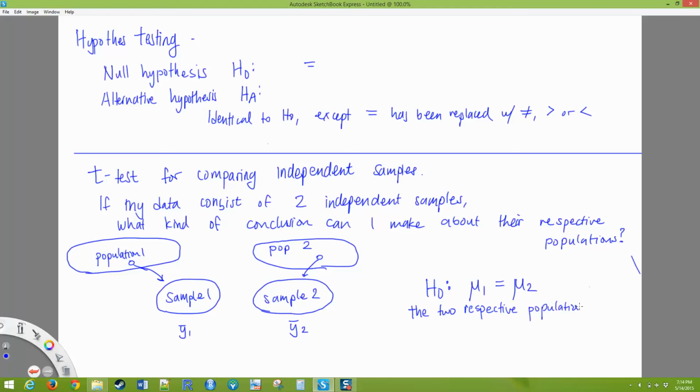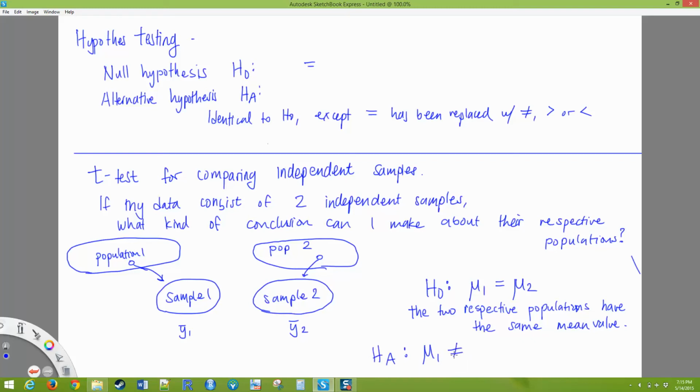Have the same mean value. And then the alternative would be that the two respective populations do not have the same mean value.